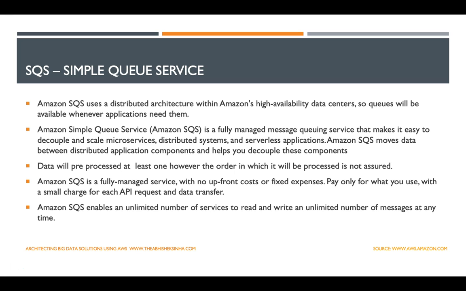AWS SQS can be used in cases like when you have IoT devices connected to your machines which are producing logs. There are lots of scenarios where your IoT enabled machines are sending you their alarms or alerts, and you are capturing them in the form of logs in an S3 bucket.